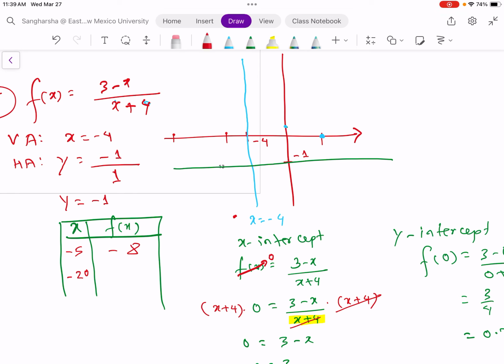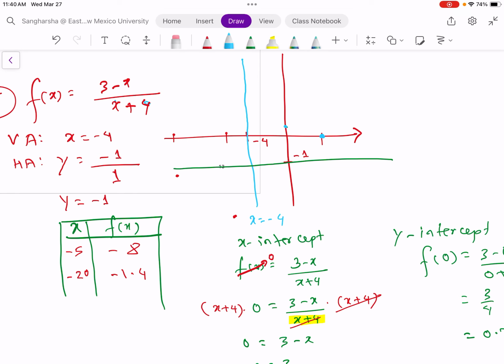And what is that equal to? Can you help me? So we have 3 plus 20, that is 23, divided by -16, which is about -1.4. So we get some point somewhere here. Okay, so it means we're gonna have a graph here.